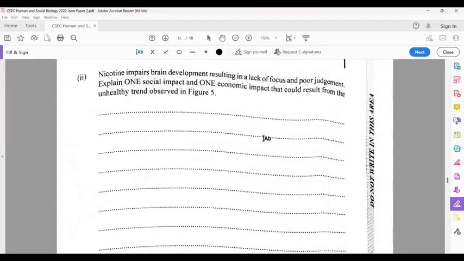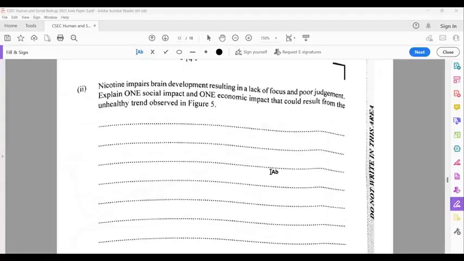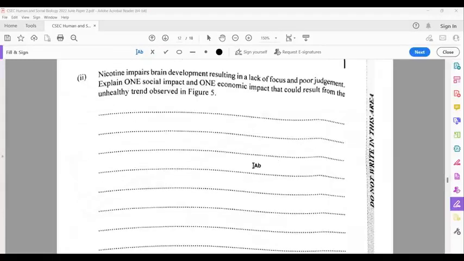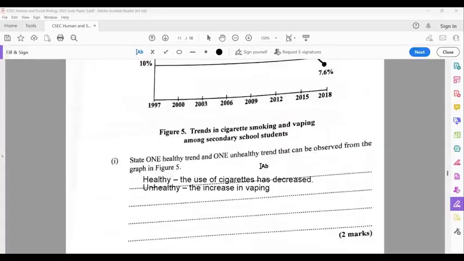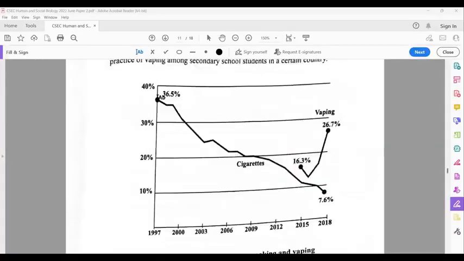Nicotine impairs brain development, resulting in a lack of focus and poor judgment. Explain one social impact and economic impact that could result from the unhealthy trend observed in figure 5. This is it.